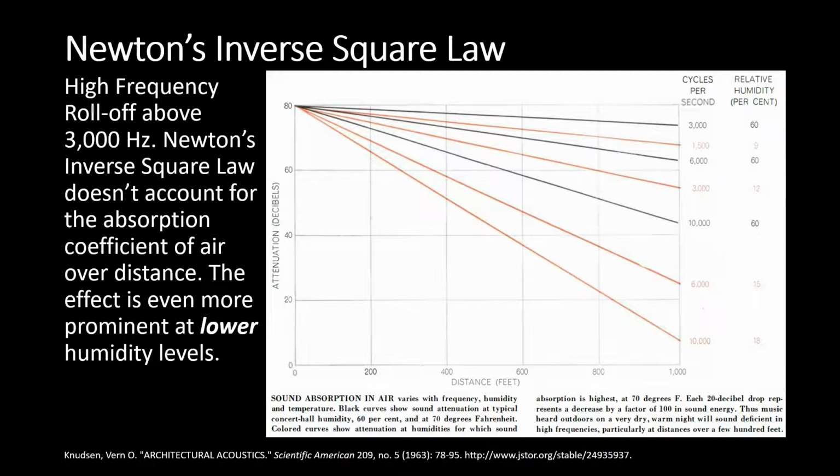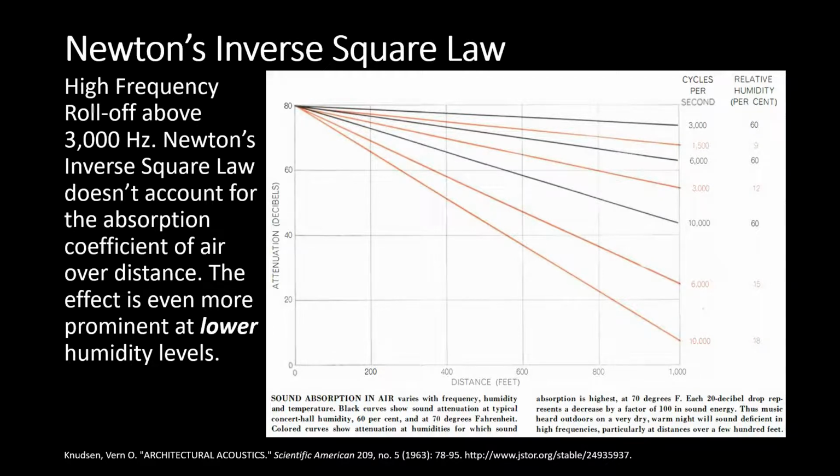But if you notice, the relative humidity goes up, therefore the sound level goes down very quickly with high frequencies. So the less humidity, the more high frequencies will travel through the air. And the black lines keep the relative humidity the same.